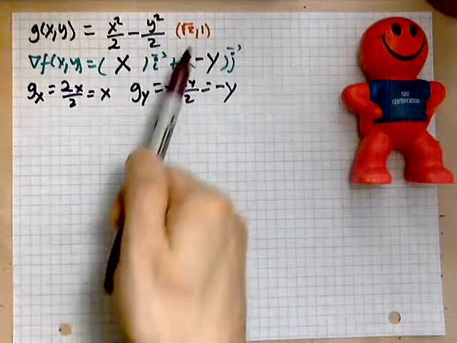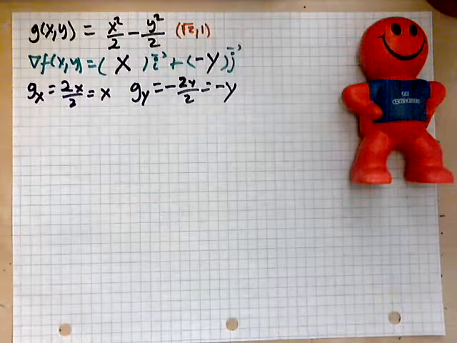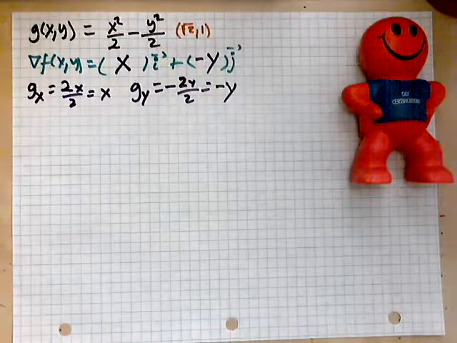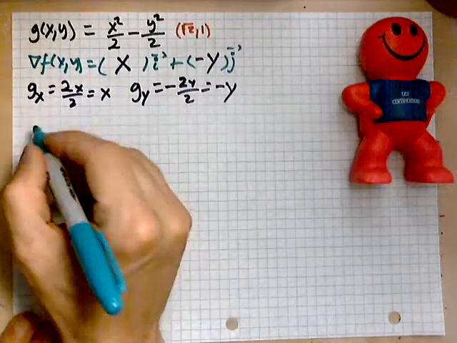Evaluate the gradient at the point specified. Remember, this is a function of position, which means as you move around the coordinate plane, it changes all the time in direction and magnitude.